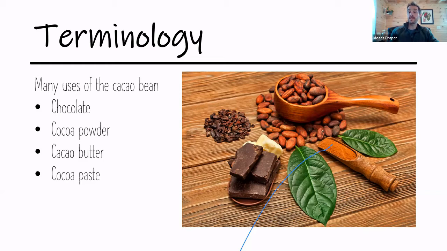If you were to then separate out the cacao butter from what would be called cocoa solids, you would get the cacao butter. In that picture, it's the yellow white chunks there, and then you would get cocoa powder. So most of what we know in the hot chocolate world or are familiar with is cocoa powder. So that's defatted cacao.